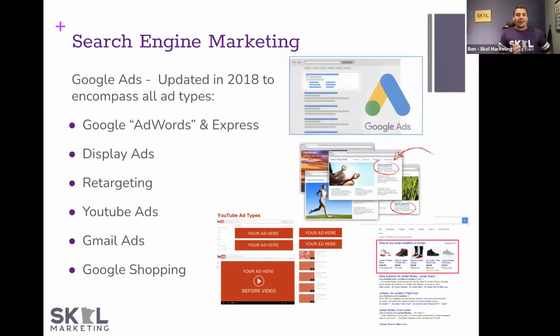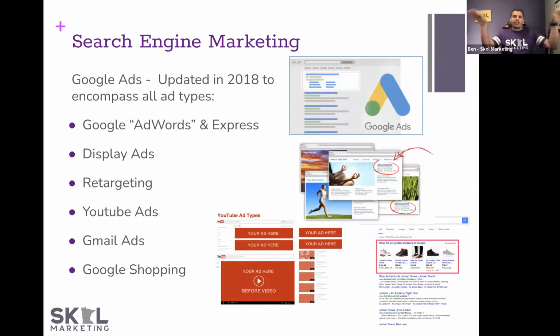The reason that Google switched from AdWords to Ads is because some of their advertising models, which we'll get into here, aren't predicated on words anymore. It used to just be PPC, pay-per-click, which again, we'll get into. Really, if you've heard of display, retargeting, PPC, all of these different types of advertising, those are a piece or a different type of search engine marketing.